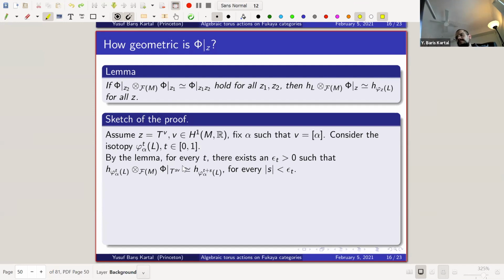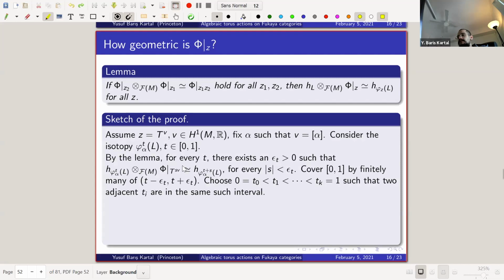Okay, and now you can cover [0,1] by finitely many of these intervals, and you can pick numbers T0 through Tk such that any two adjacent Ti are in the same such interval.